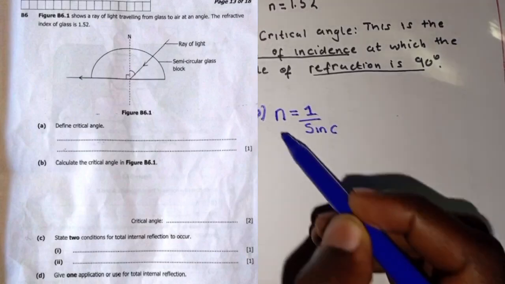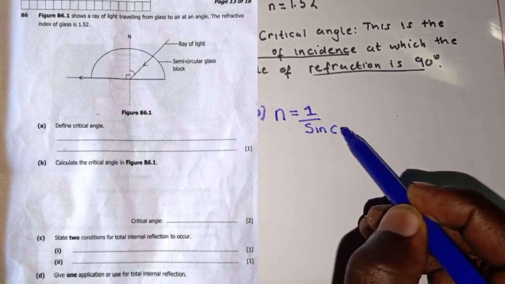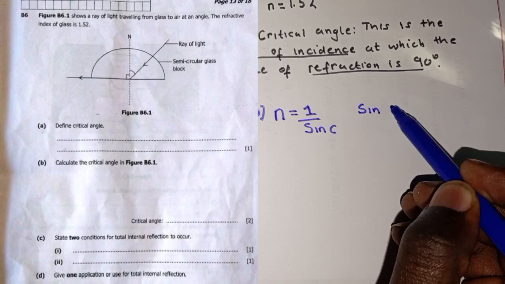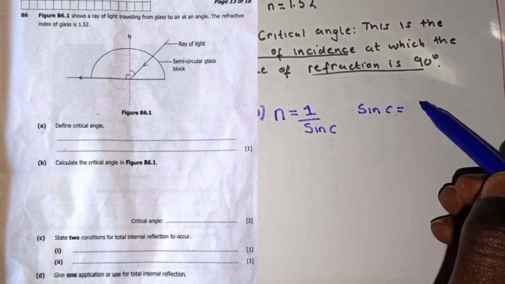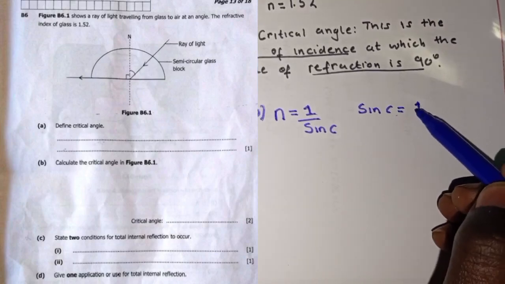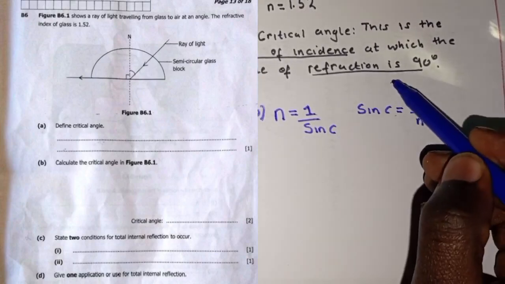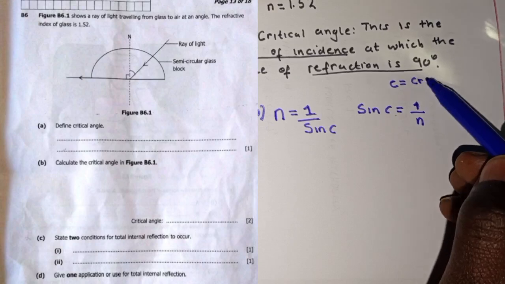If we make sine C the subject of the formula, sine C is simply equal to 1 over n.